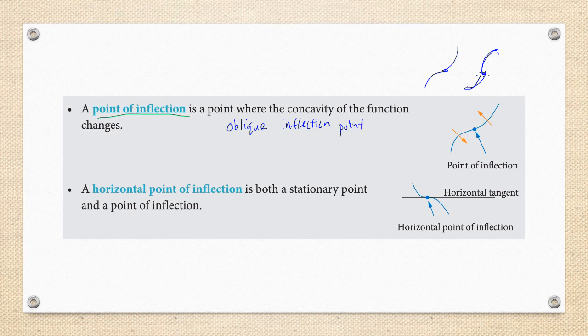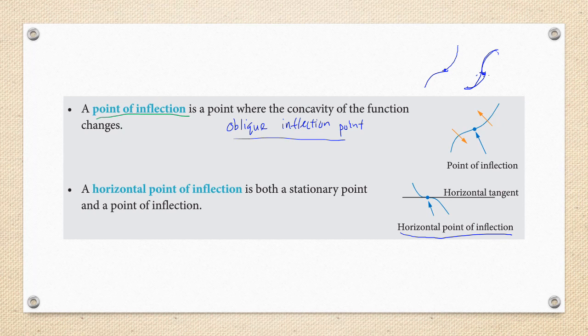Forgive my handwriting. Trust me, my handwriting is better in person. The second type is the horizontal inflection point. What is the difference between an oblique inflection point and a horizontal inflection point?